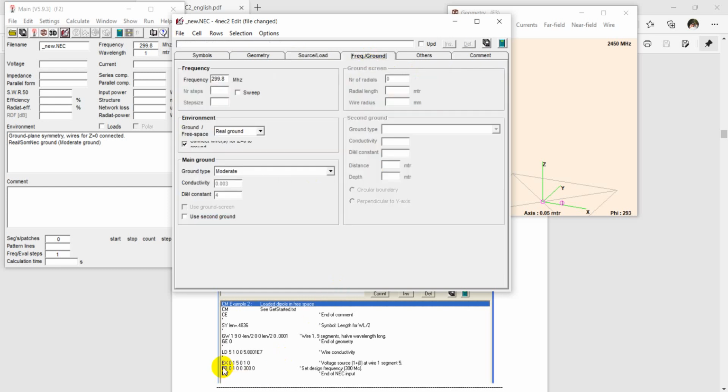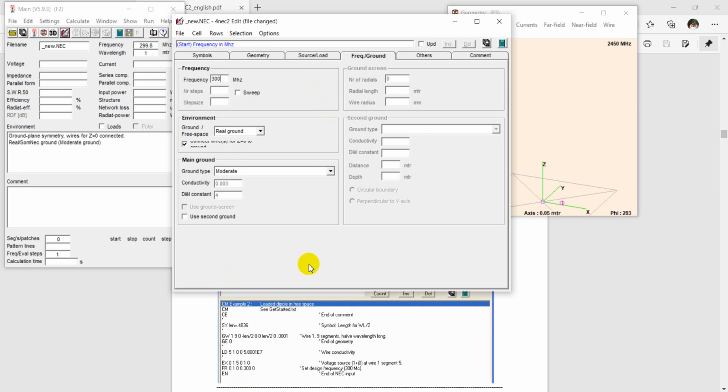Here it is 0, 100, 0, 100 and 300. The 300 indicates the operating frequency.